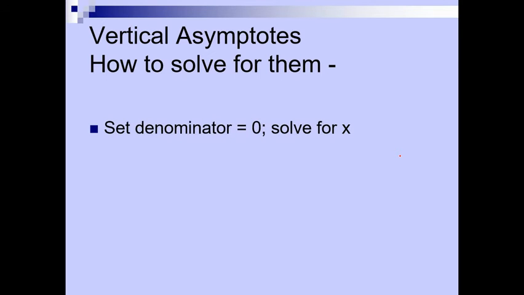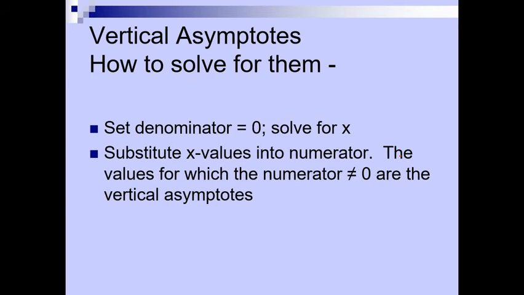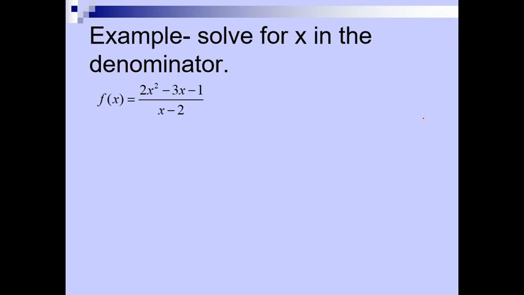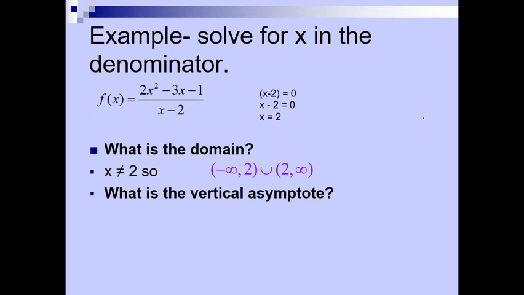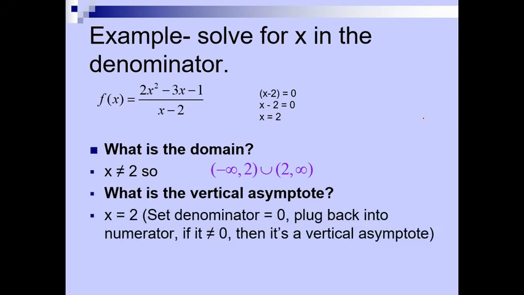So remember, to solve for vertical asymptotes, you set the denominator equal to 0. You substitute the x values into the numerator, and the values for which the numerator does not equal 0 are the vertical asymptotes. So here, notice that our domain would be between -2 union 2 to infinity, because we do have the vertical asymptote at 2.